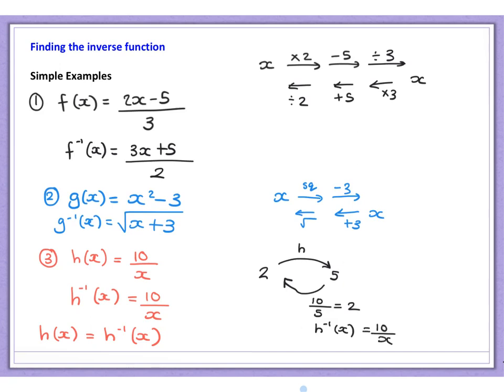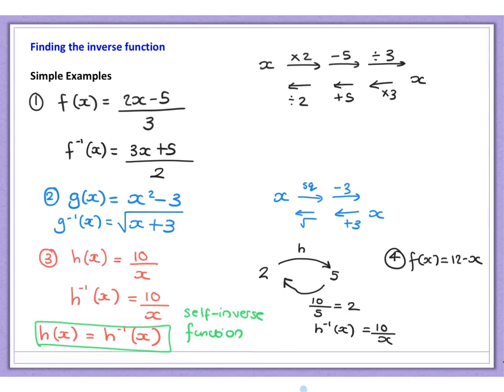And we have here a particular example of what we would call a self-inverse function, where the function and its inverse are the same function. Another example might be something like f of x equals 12 take away x. Have a think about this yourself and you will soon see the inverse to this is also 12 take away x.